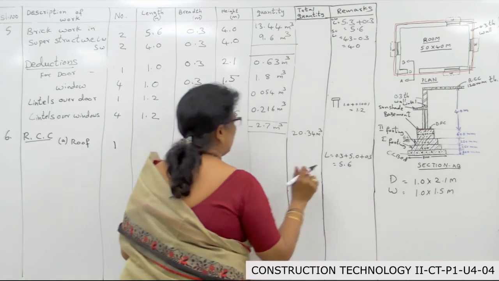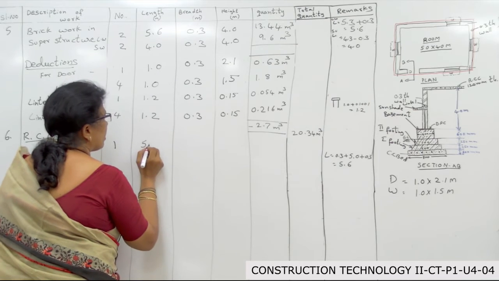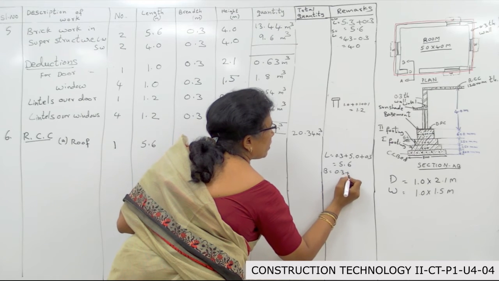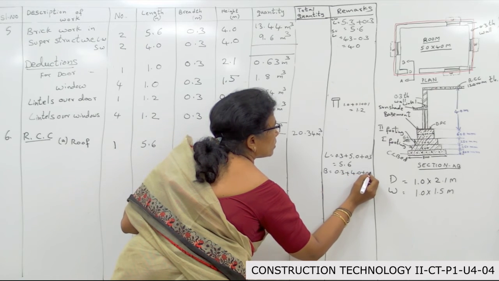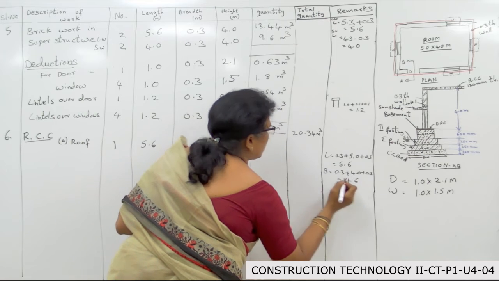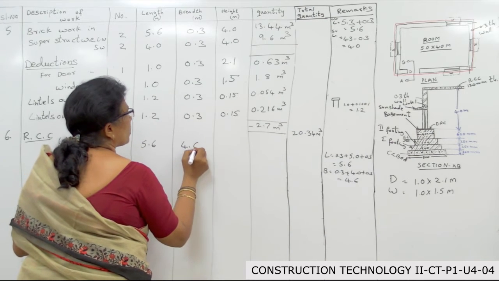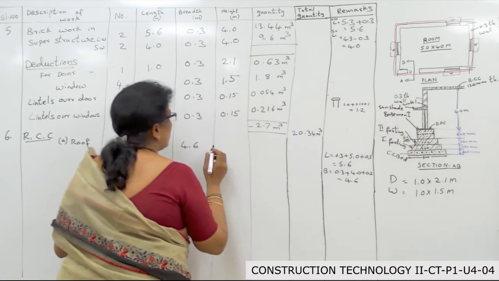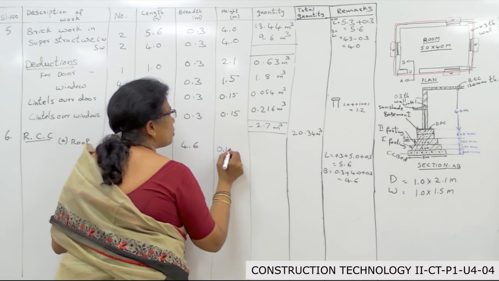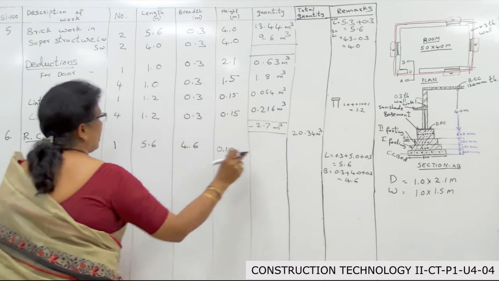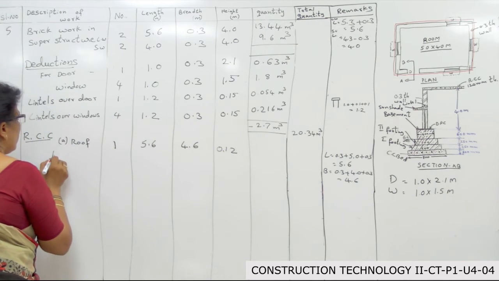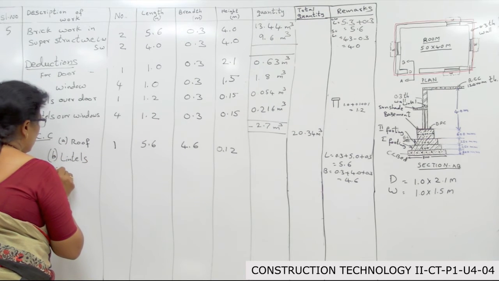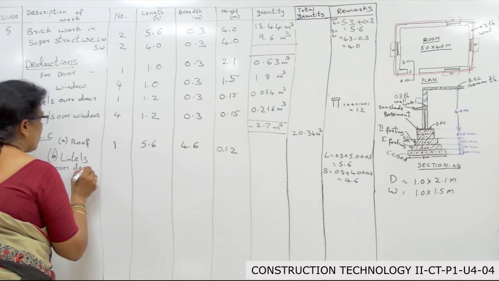So length column, right? 0.3 wall thickness plus 5.0 plus 0.3, that is length of the RCC roof is 5.6 and breadth is 0.3 plus 4.0 plus 0.3, that is 4.6. So breadth is 4.6 and the thickness you will get from section, that is 120 mm. So when you convert into meter, it is 0.12 meter.